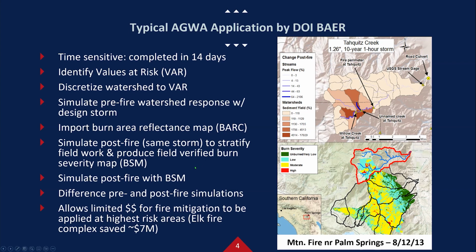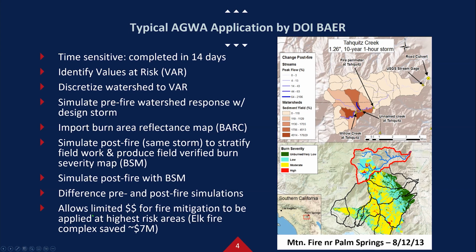So once they've done the field verification, they produce a verified soil burn severity map. And then again, you can simulate post-fire with the verified burn severity map. And again, you do the pre and post-fire simulation and do the differences of those, either percent change or quantitative change.